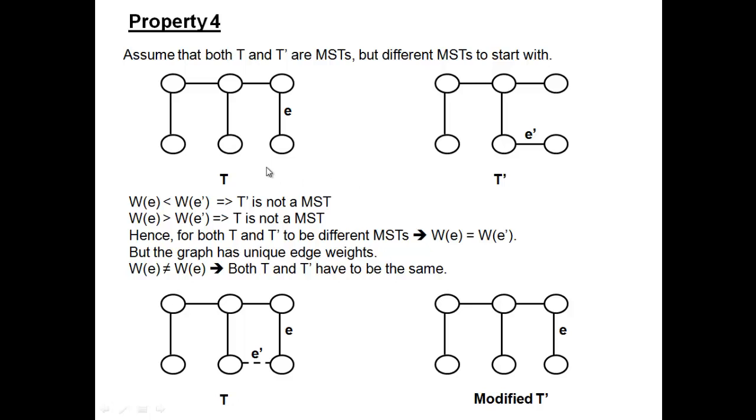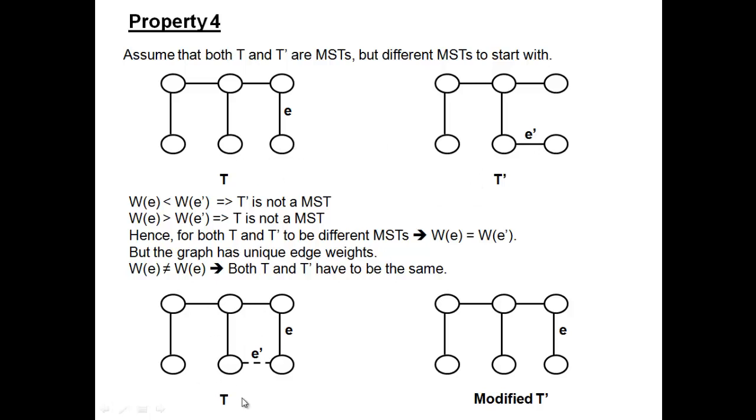Like we did in the previous proofs for the correctness of Kruskal's algorithm, if we put this edge E in T prime, it's going to create a cycle, right? Or put this edge E prime in T, as I show here. If I put this edge E prime in T, it's going to create a cycle like this.